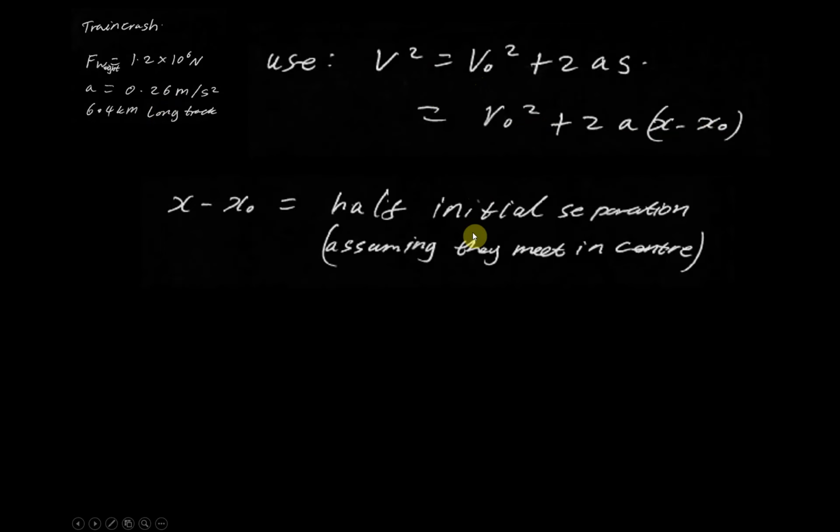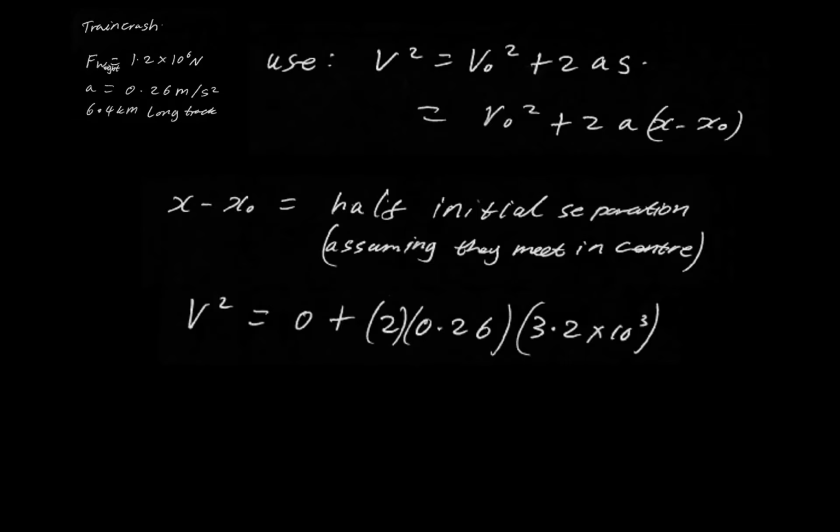The separation is going to wind up being half of that 6.4. If the track is 6.4 kilometers long and we assume they're both moving at the same rate, then they should meet exactly halfway. So we're going to say that the separation was 3.2 kilometers, so 3.2 times 10 to the 3 meters.